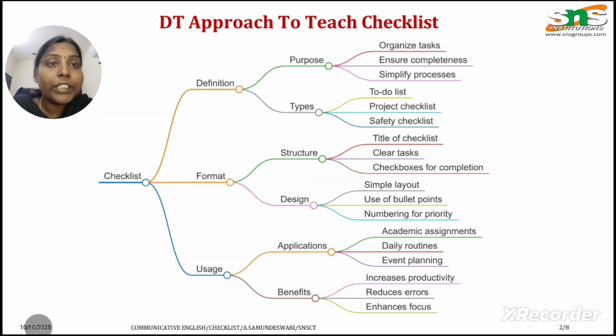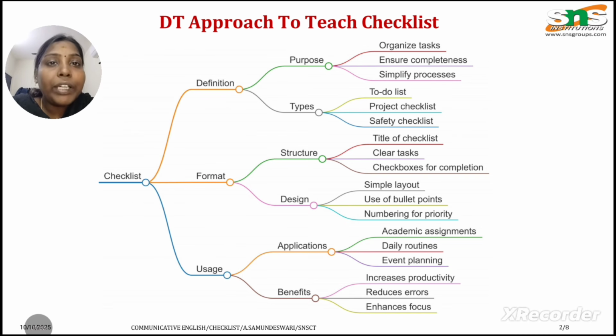Before that, we'll see this topic with the help of the 5 stages of the DT approach to learn checklist. First, the definition. Why should we use a checklist? We have already discussed: to organize the task for an easy flow. Then the types: project checklist, safety checklist, so many forms of checklist are there.